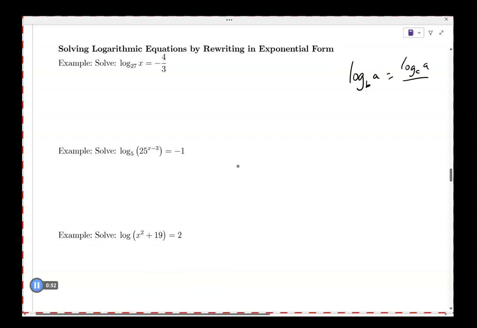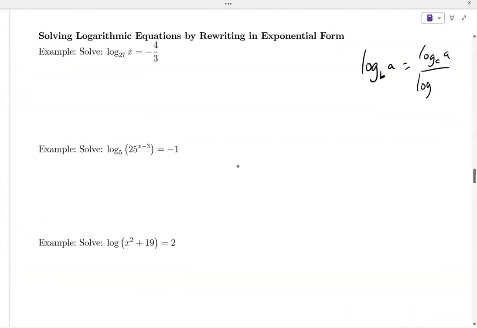We're going to change it to the log base, any other one we want to do. So if you wanted to type in a different log, like if you wanted to do log base 7 of 24, you can do log of 24 over a log of 7 like that.